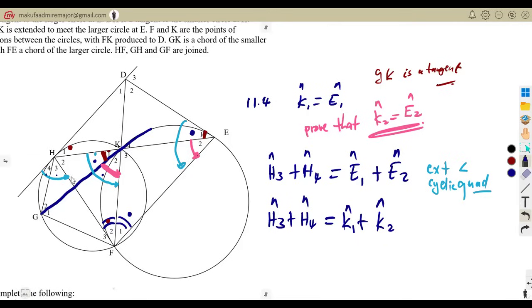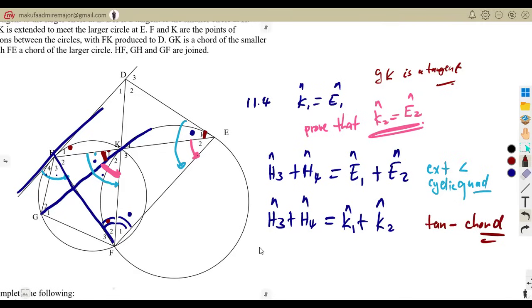Which concept is this? Now we are talking of the tan chord from this smaller circle. The angle between a tangent and a chord will be equal to the angle in the alternate segment. So for these two to be equal, it's because of a tan chord from the smaller circle.